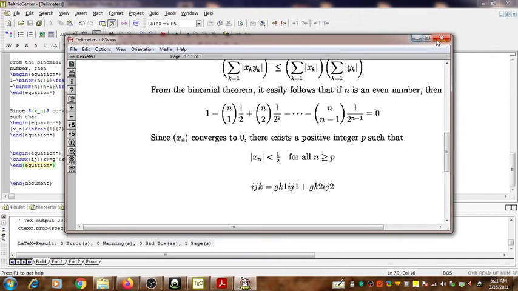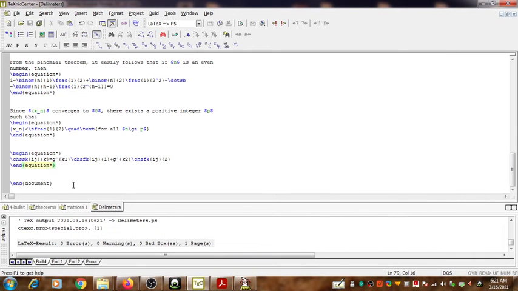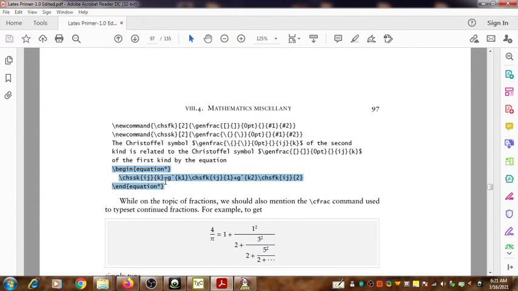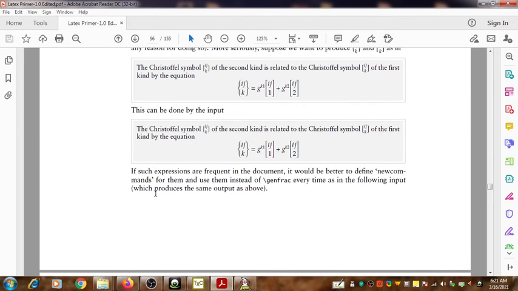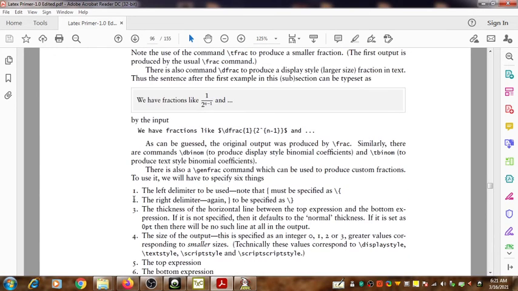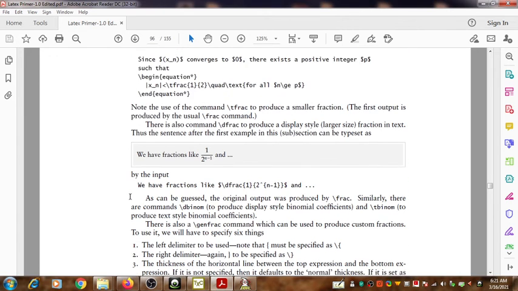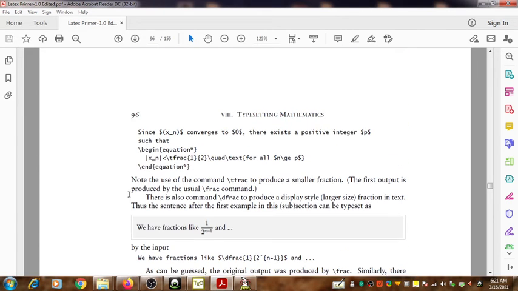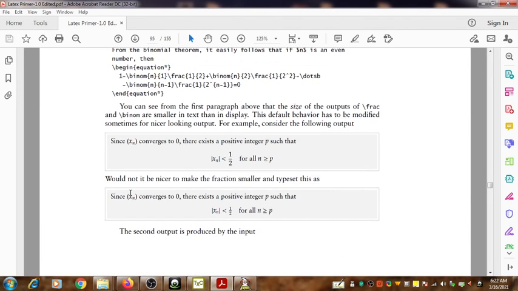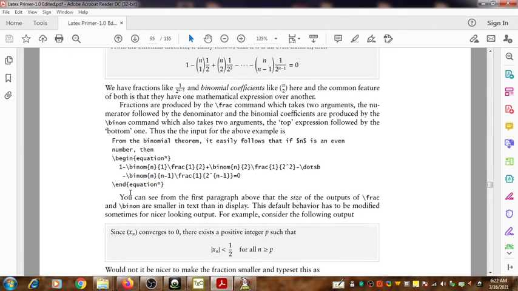Okay, that is not showing the output. Maybe some package is required?